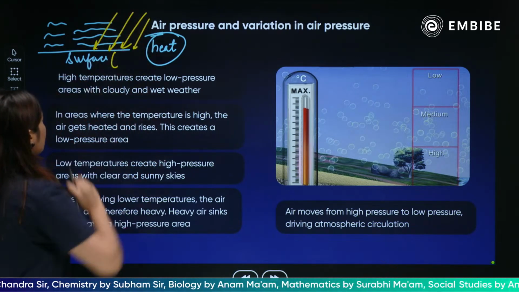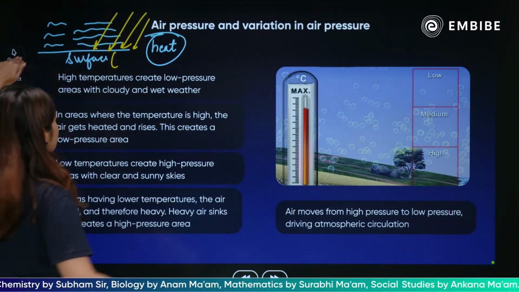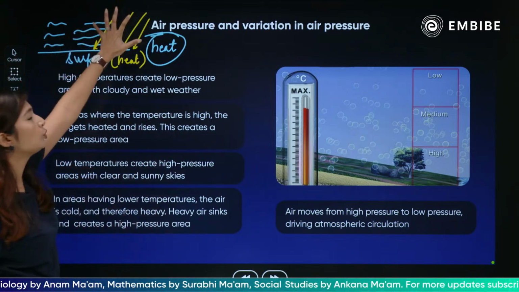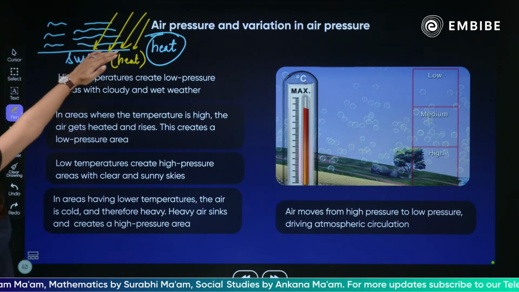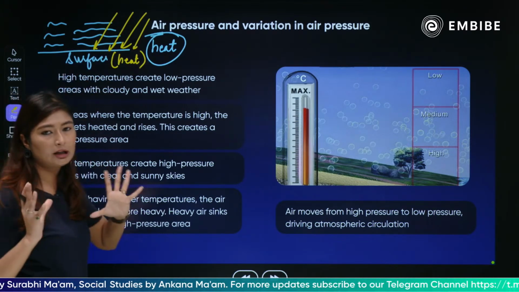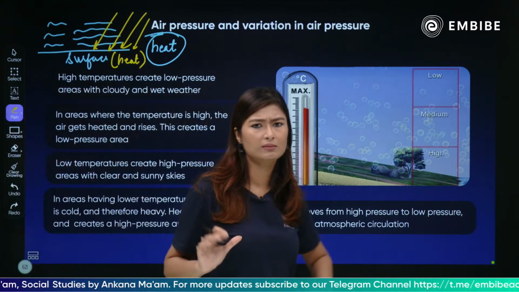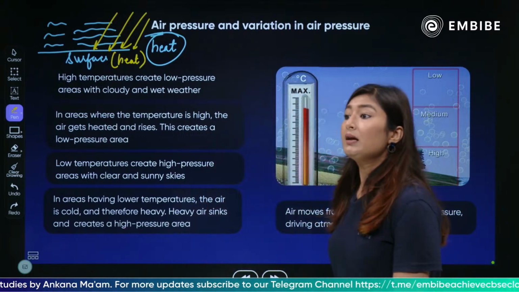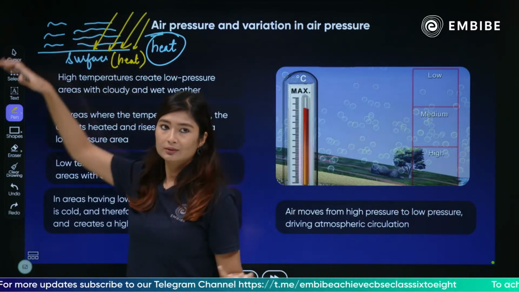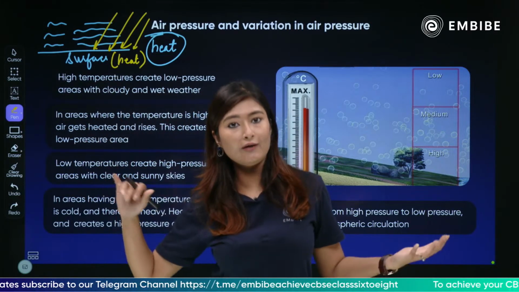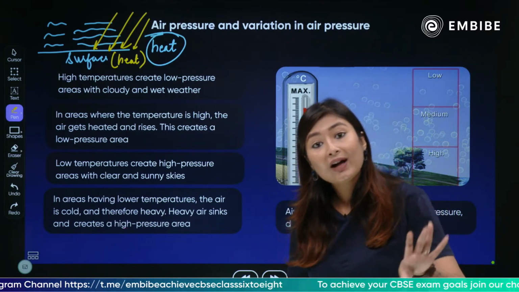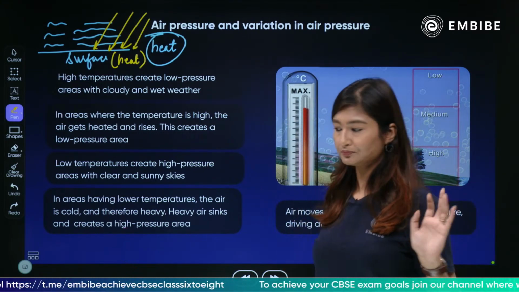When a lot of sun rays are coming here, it means this surface is receiving a lot of heat. बहुत सारा धूप आ रहा है तो ये surface पे बहुत ज़्यादा heat generate हो रहा है, बहुत गर्मी हो रही है, so this surface will get hot. Surface hot हो जाएगा, ज़मीन गर्म हो जाएगी. ज़मीन गर्म हो जाएगी तो it will affect the air above it. उसके ऊपर जो हवा है वो भी affect होगी. And eventually the air will also heat up. हवा भी गर्म हो जाएगी.